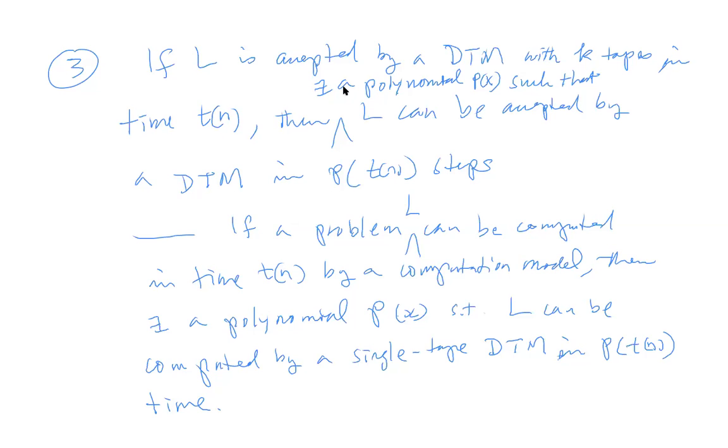So that's our consensus, even though an algorithm with a very high degree polynomial is not efficient at all, but asymptotically it is still much faster than exponential time.